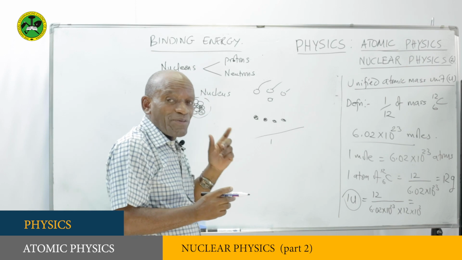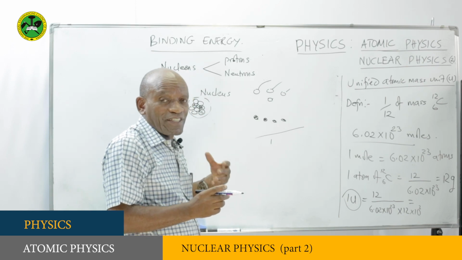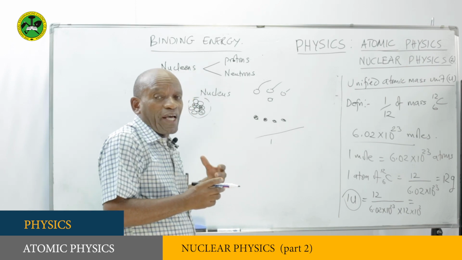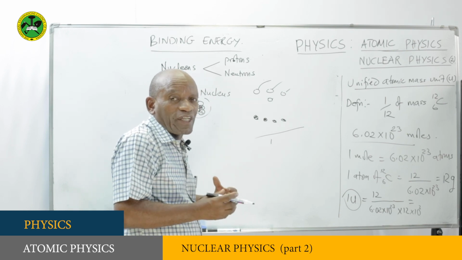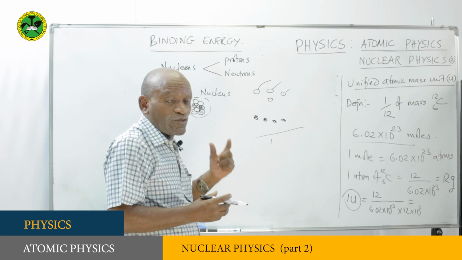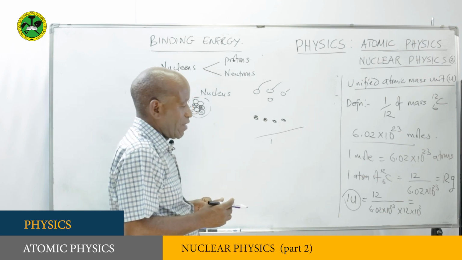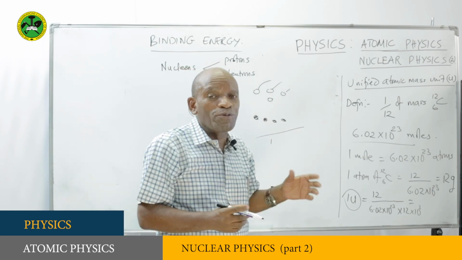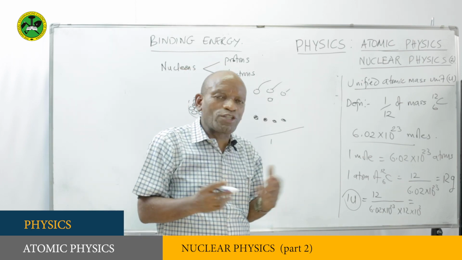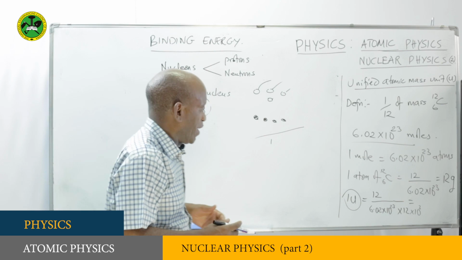Now the difference in mass has an implication of a particular energy which keeps them all together as a nucleus of an atom. And this is what we call the binding energy. This binding energy can be determined or computed for any particular atom of any particular element.